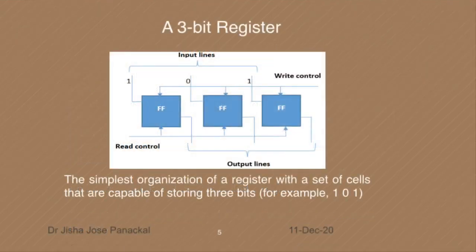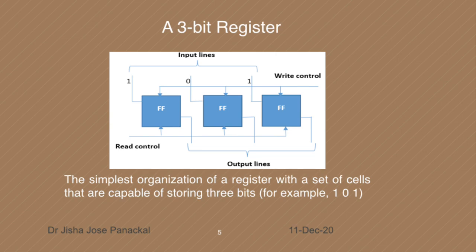A group of registers may be interconnected to form a large memory. Let's see an example of a 3-bit register. The 3-bit register is represented using 3 memory cells, where we use flip-flops to store the information inside a memory cell, and we have a read control signal and a write control signal for these memory cells, along with input lines as well as output lines.